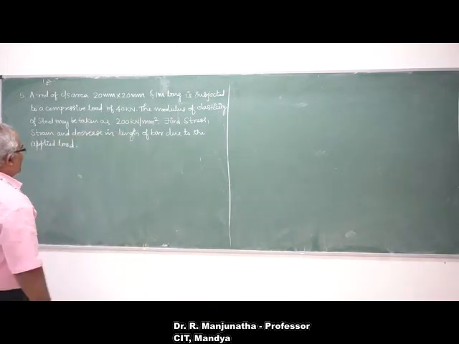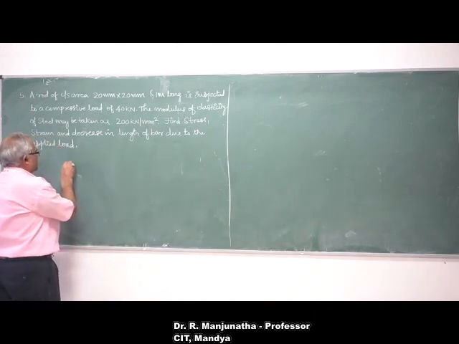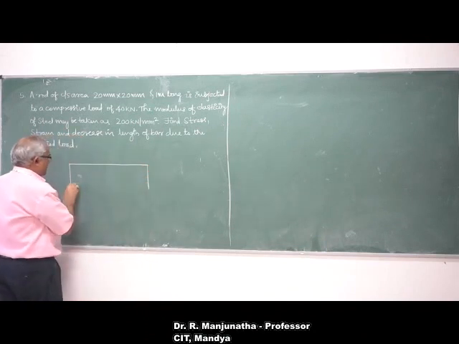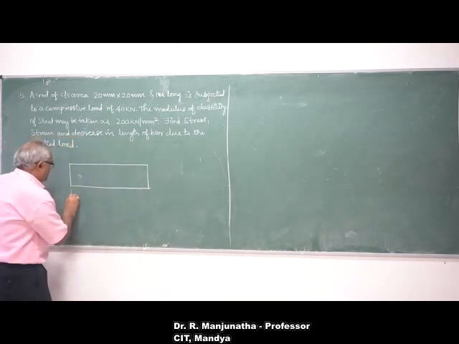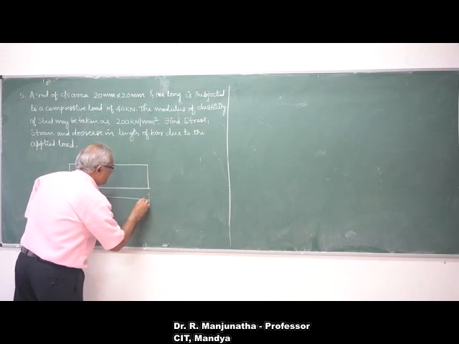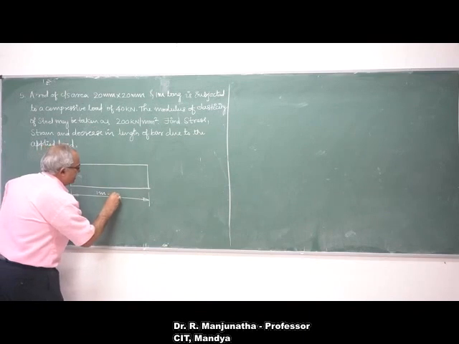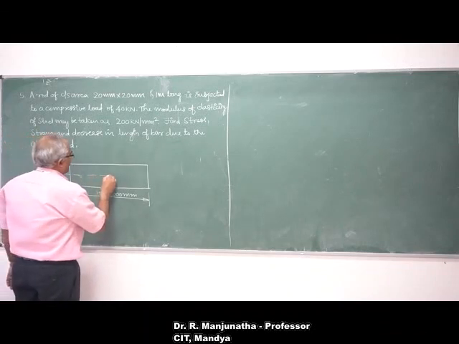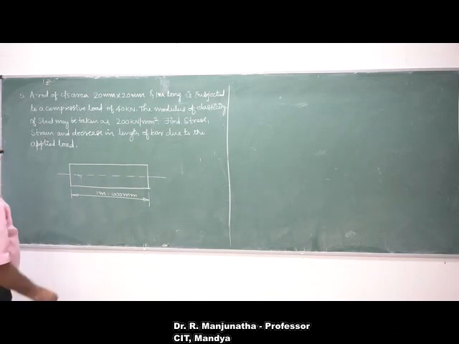So he says it's a cross-sectional area of 20 mm by 20 mm, 1 meter long. So we will take the bar of a rectangular cross section. This is a bar of 1 meter long, so it will be 1000 mm, having an axial compressive load of 40 kilonewton.